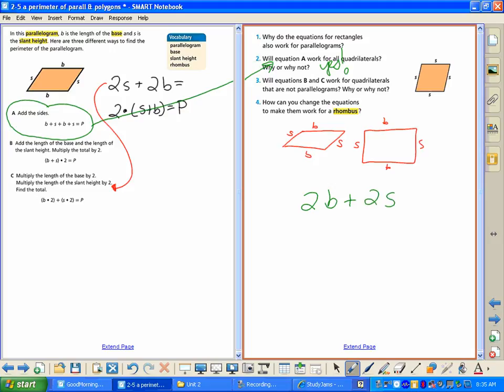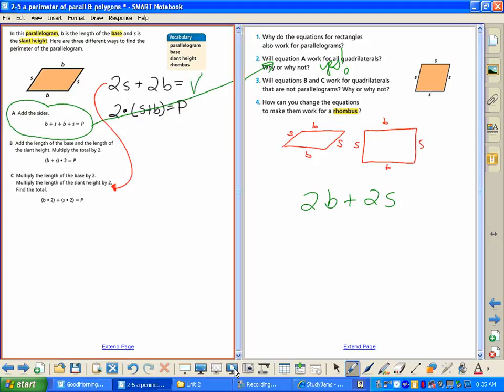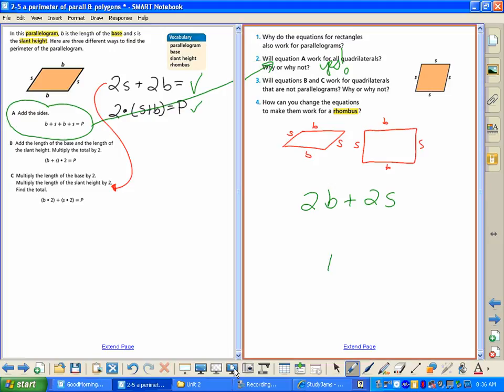Would it work the same? Yes. So this one would work. What about the second one? Yeah. So does it work for all quadrilaterals? What if I drew a quadrilateral that looked like this? Would it work for that one?